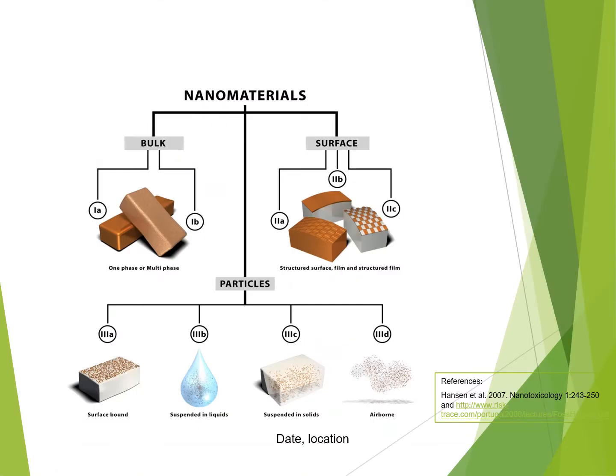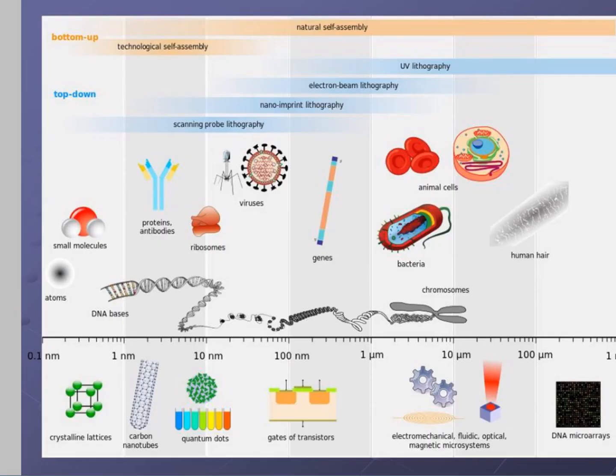In nanomaterial synthesis, there are two ways to synthesize. One is the bulk nanoparticle, another is the surface. Bulk is a one-phase or multi-phase method. Surface means structured surfaces or films. Every newly synthesized nanoparticle's structure and properties will change based on the parameters.